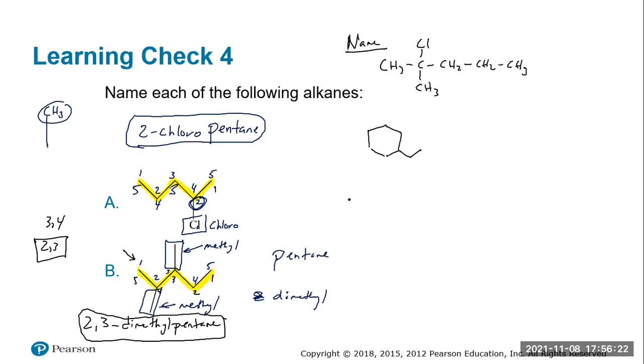So give the name for each of those, and then why don't you draw the structure for, let's go with propylcyclobutane. And why don't you draw, let's go 2,2,4-trichloropentane. All right, so name up on top, draw the structures on the bottom, see what you come up with.